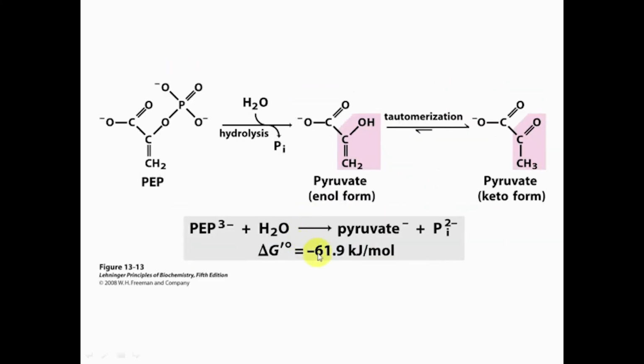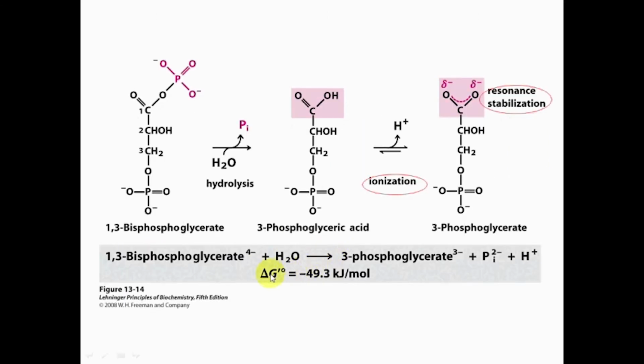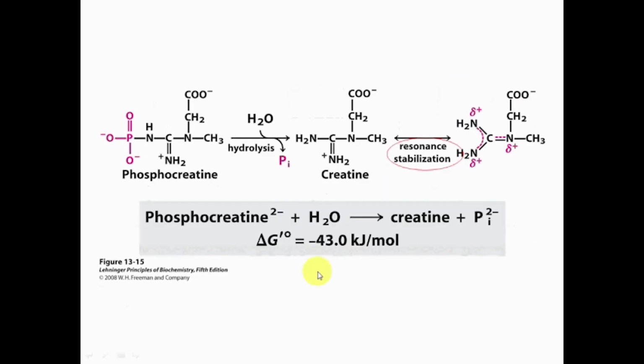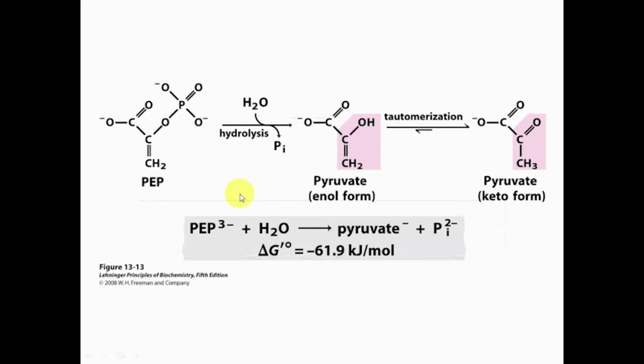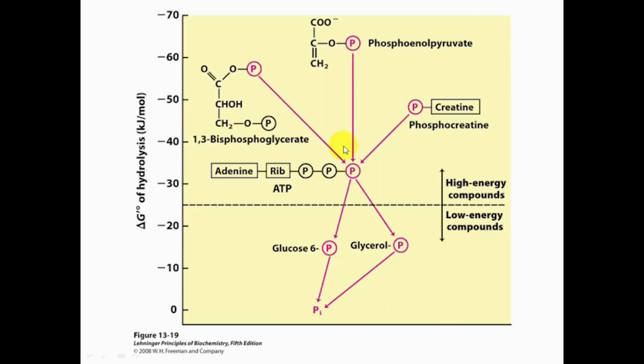And note the delta G on these high energy molecules: -61. 1,3-BPG is going to be -49, so it's about 50. Phosphocreatine, -43. You see resonance stabilization. Here's a thioester. I don't think we saw that on this chart. Nope. But a thioester should be on here.